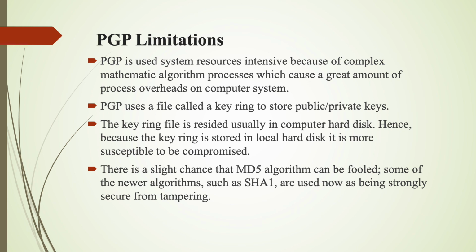The keyring file is usually stored on the computer hard disk. Hence, because the keyring is stored on the local hard disk, it is more susceptible to being compromised. There is a slight chance that the MD5 algorithm can be faulted. Some of the newer algorithms, such as SHA-1, are now used as they are strongly secured from tampering.